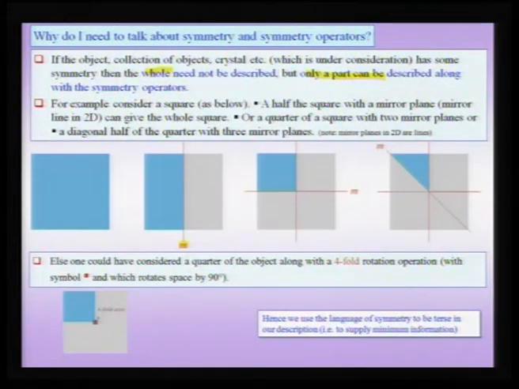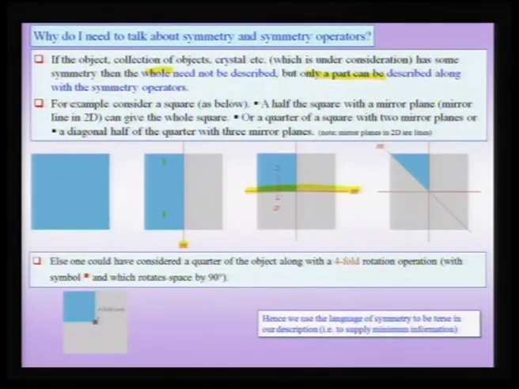Additionally, we could also imagine a horizontal mirror, which can reflect the top part of the blue rectangle to the bottom part. So, this part is reflected to the part below, and therefore, I will get my entire blue rectangle. In other words, instead of working with the entire square, I can work with half the square or a quarter of the square, and these two mirrors will produce all the 4 quadrants of the original square.